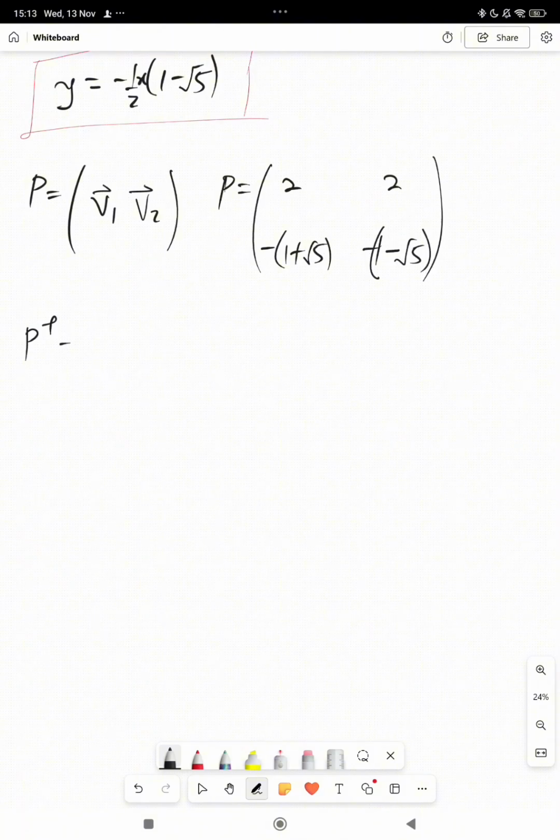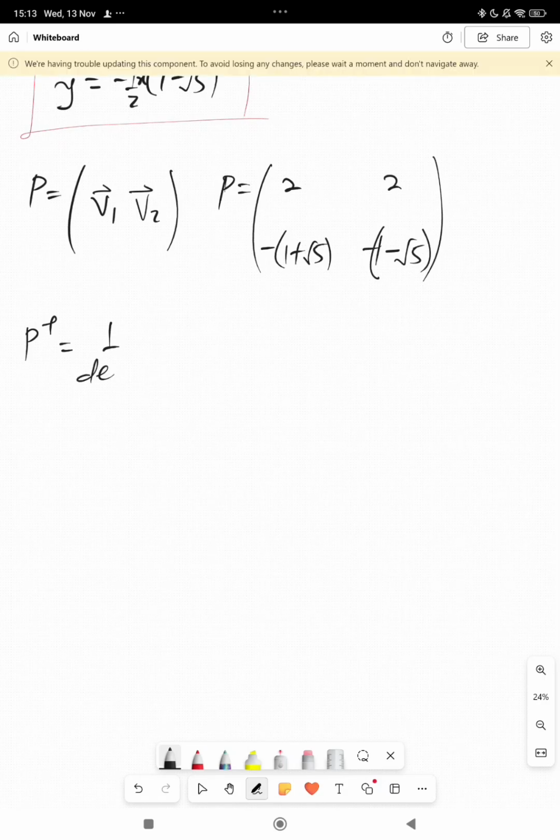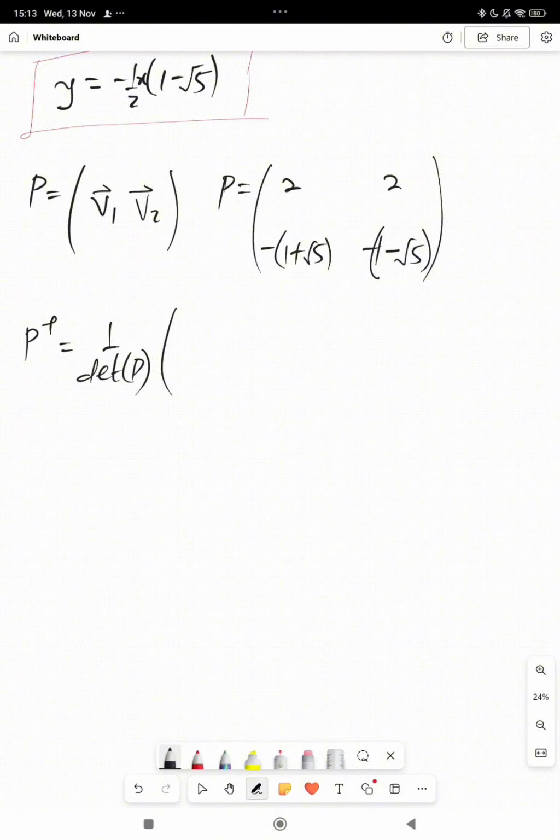P inverse is given by 1 over the determinant of P multiplied by the adjoint of P. So we have -(1 - √5), -2, 1 + √5, and 2 here. So we interchanged the diagonal and we negated the other diagonal.